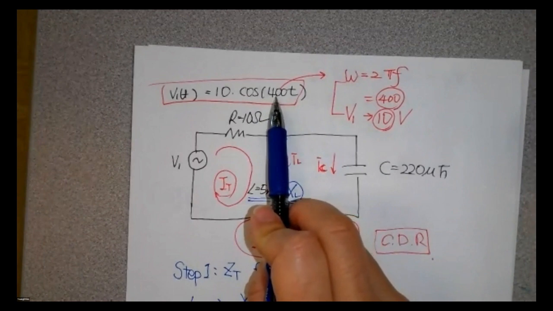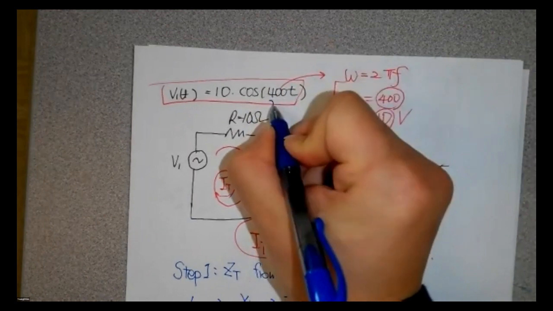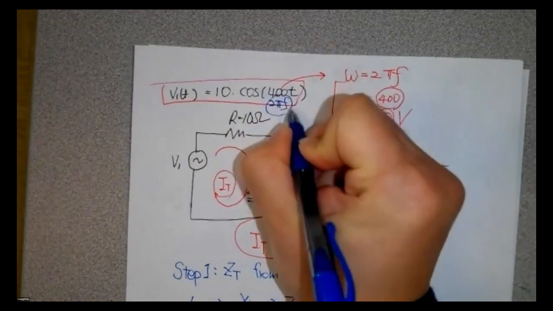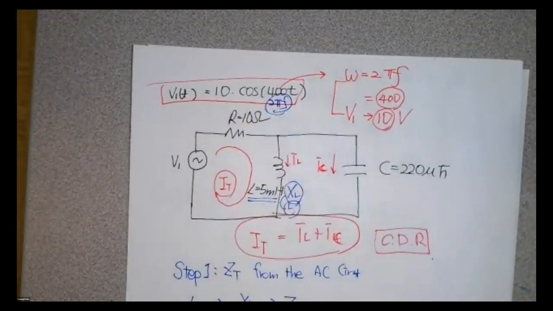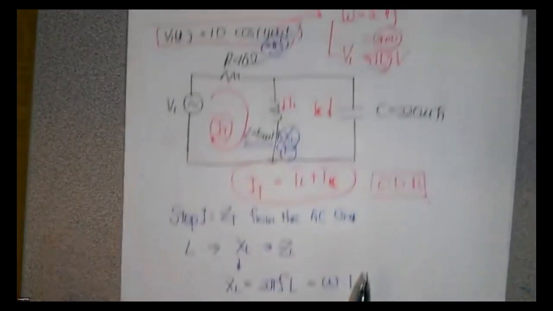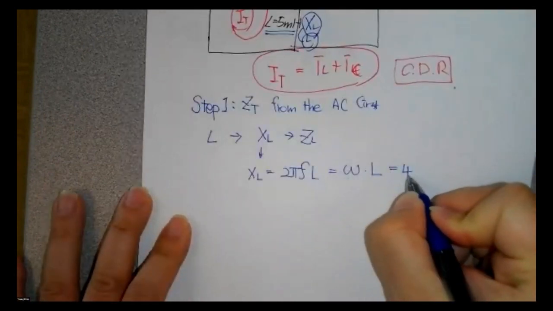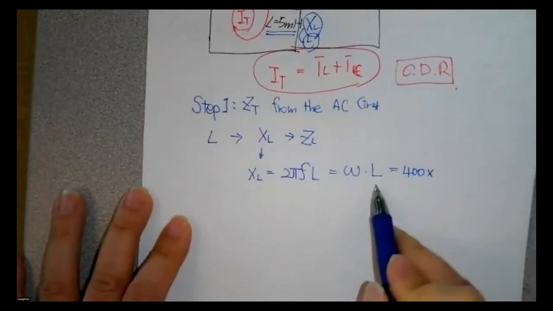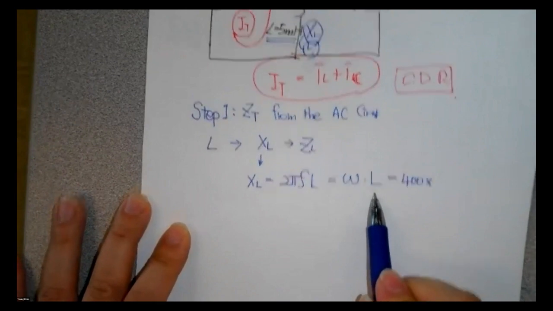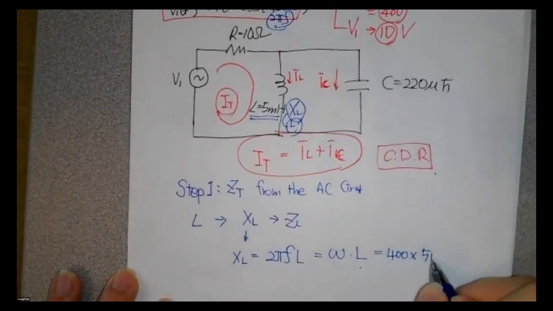The general format of sinusoidal or cosine is 2 pi f t. So go back here. That was what? 400. So 400 multiplied by L, which is 5 millihenry.